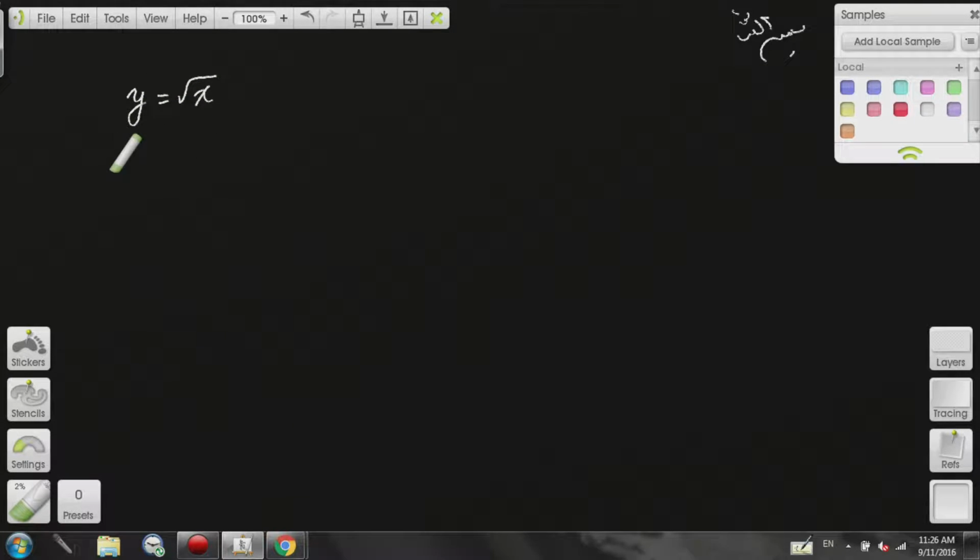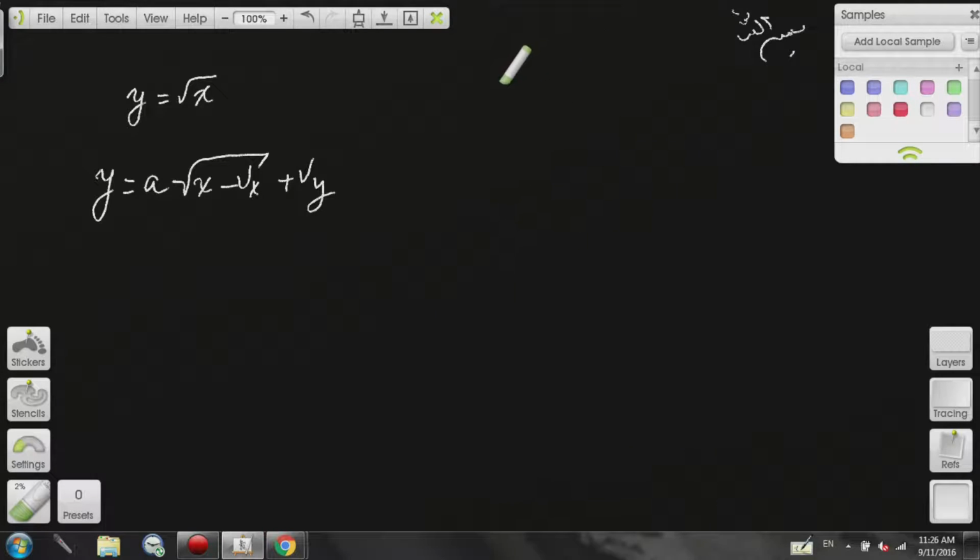The general equation for all radical functions is y equals a times square root of x minus vx, plus vy. I have to explain to you what that is.